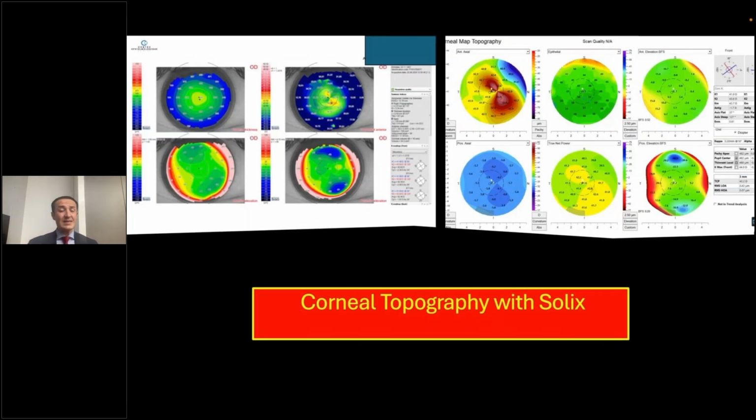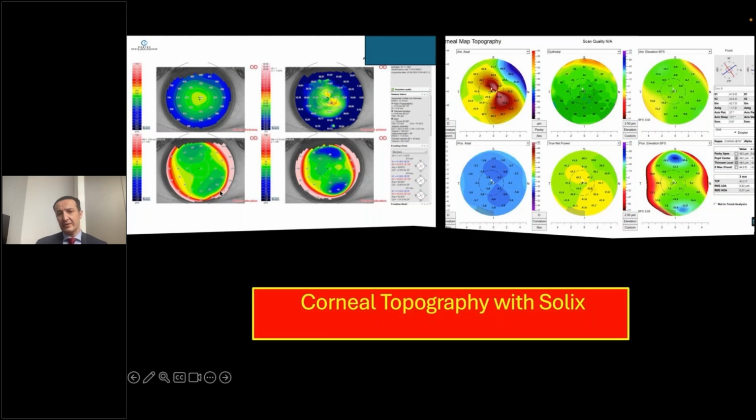Now, with the last software in the Solix, you have the possibility to obtain the corneal topography based on the pachymetry scan. And look here, this is a comparison between the corneal topography from the Solix and the corneal topography from the Sirius CSO.